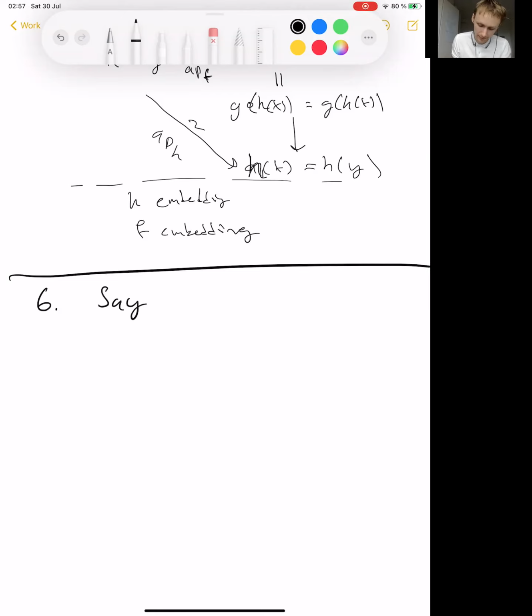We say that f from A to B is path split if two things hold.